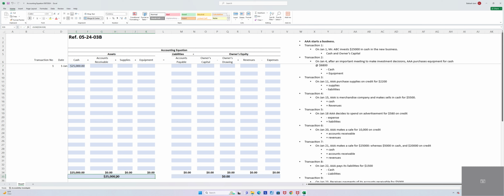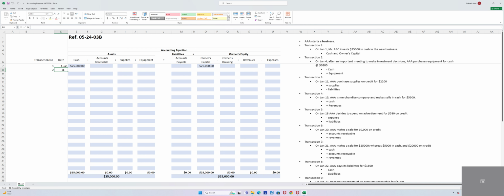Now, where do we record this $25,000? It's under owner's equity, specifically the owner's capital. So we add $25,000 here, and that adds to the total of liabilities and owner's equity, $25,000. Both sides are equal.